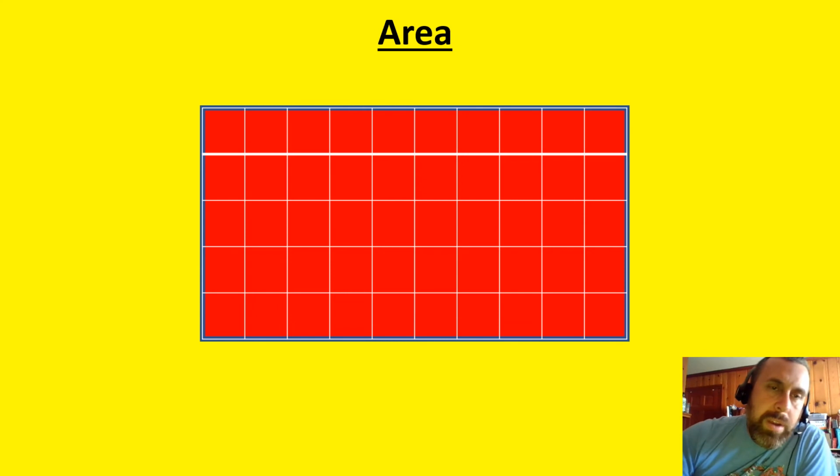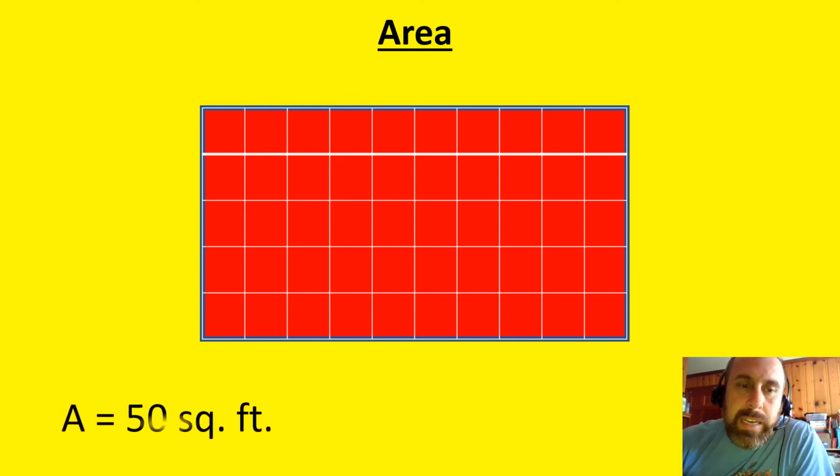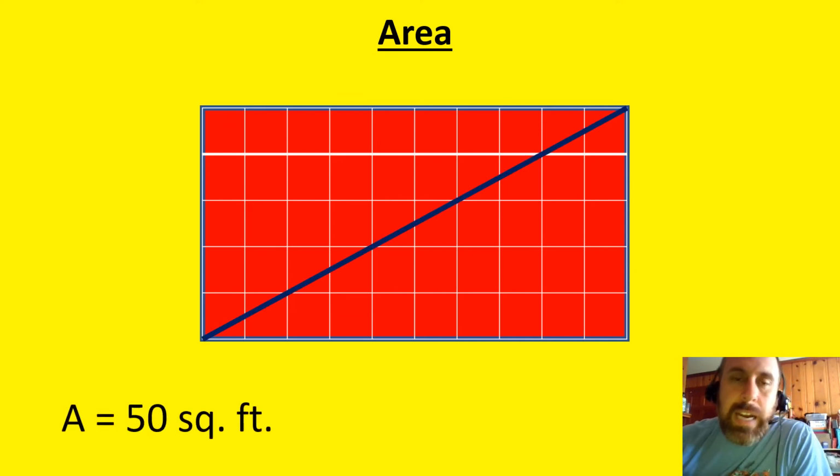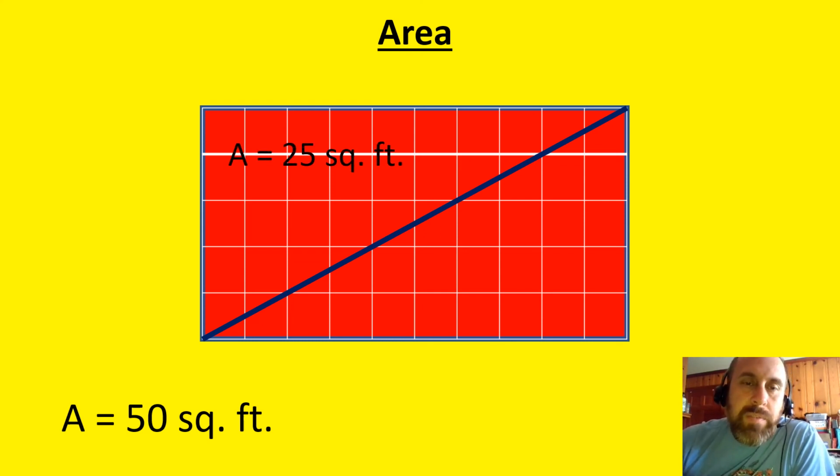Well, sure. We've taken our 50 square feet, we've cut it vertically, and got 25 on each side. We've cut it horizontally and got 25 on top and bottom, I should say. But what about if we slice this 50 square feet diagonally? Did I still cut it in half? I sure did. We got 25 square feet in that top left, and the bottom right is another 25 square feet.